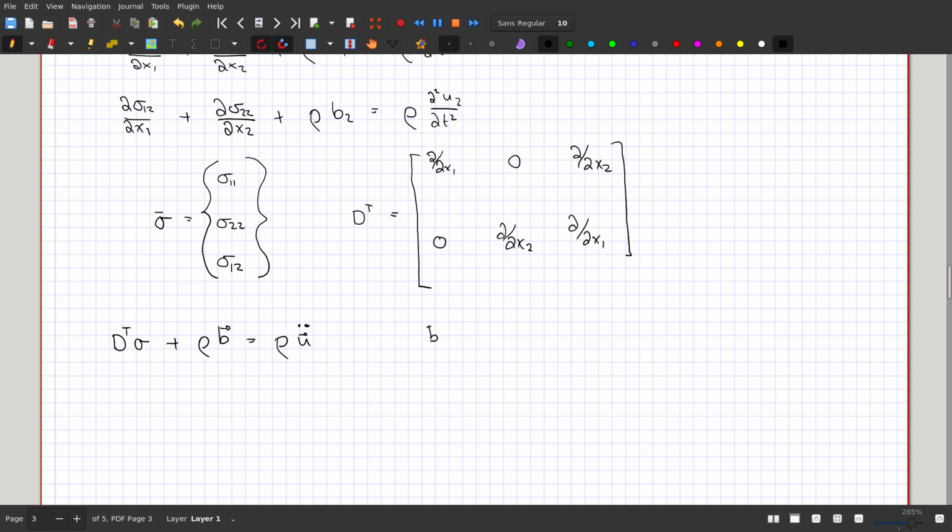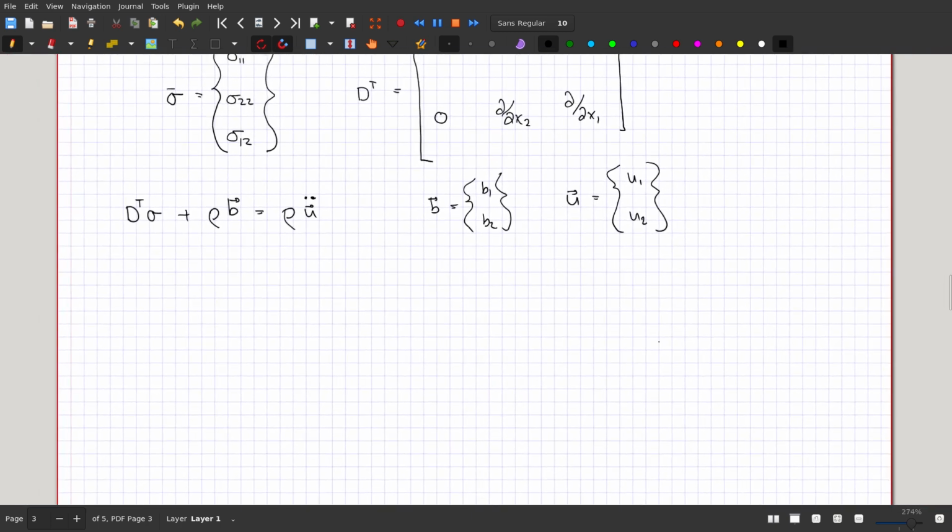where the B vector is B1, B2, and the u vector is equal to u1, u2. So we can use that same partial derivative operator matrix D. If we operate on U, then we can get the strains, right?